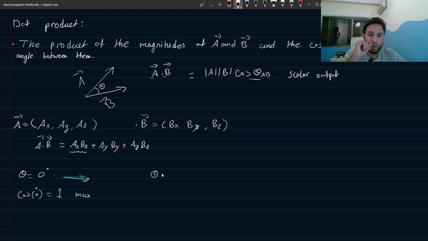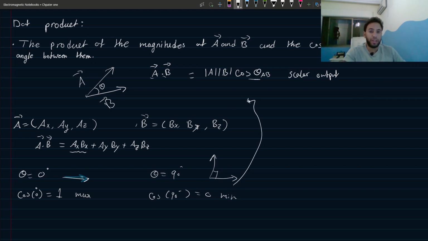However, when theta is 90 degrees, when these two are perpendicular to one another, the cosine of 90 degrees gives us 0, the minimum value of the dot product. Anything multiplied by 0 gives you 0.